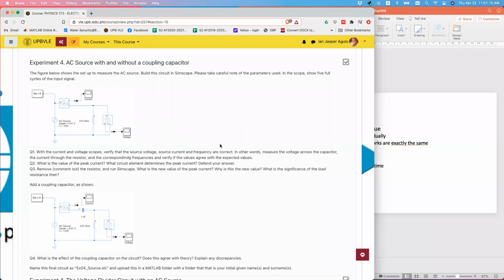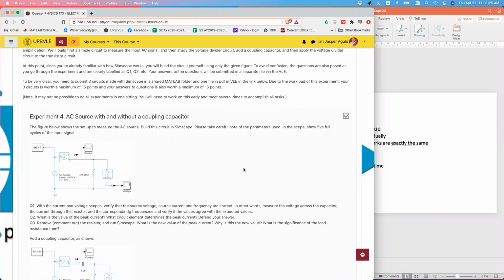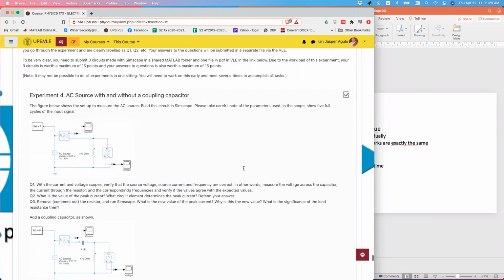Okay? So basically, ang gagawin nyo sa experiment 4 is to understand the effect of the coupling and the bypass capacitor. Kasi nakita ko na ito yung parang isa sa mga weakness ninyo dun sa lecture part. So naisip ko na mas magandang mag-focus tayo dito sa effect ng coupling at saka bypass capacitor.